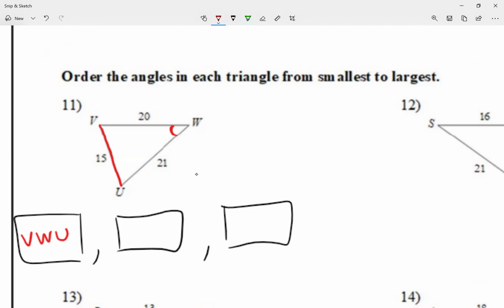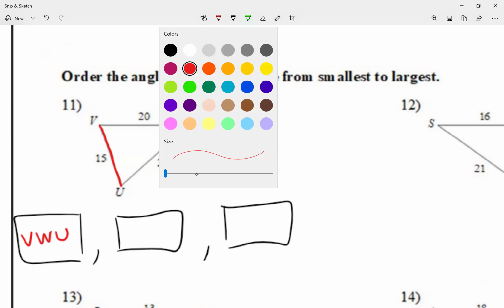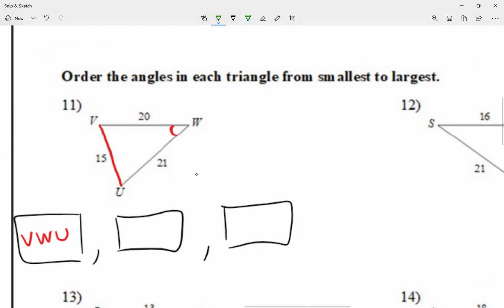Okay, let's take a look at which one's the medium side. 15 was the smallest, so the medium is 20. The angle that is opposite from 20 is this angle. So again, for this one, I'm going to use all three letters, letter U in the center. So in this case, I'm going to call it V U W. If you call it W U V, you're fine.